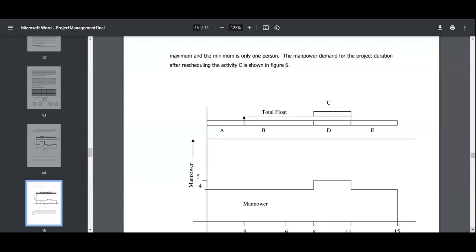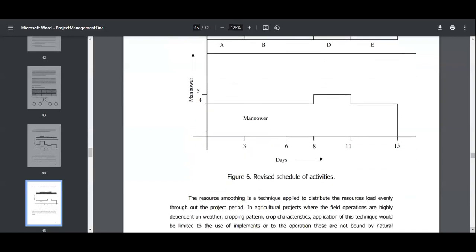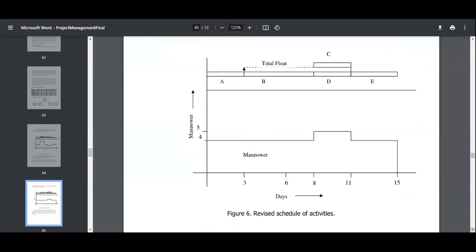Now here we have seen A, B, C, D, E, same group. Manpower is there. Manpower A required 3, B required 3 days, right? On the Y-axis we have the manpower and on the x-axis we have the days or time. Now when A and B completed their work, C starts. When C is completed, D starts.